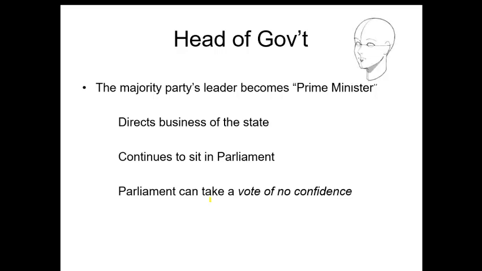We've talked about that before when we looked at proportional representation systems, where you're typically voting for a party list, and then if that party becomes the majority, then the head of that party will become the prime minister, the head of government, directs the business of the state, and they would continue to sit in parliament for as long as there is confidence, or if there's a constitution that says that the elections will reoccur at a certain time, then that could possibly be the system as well.